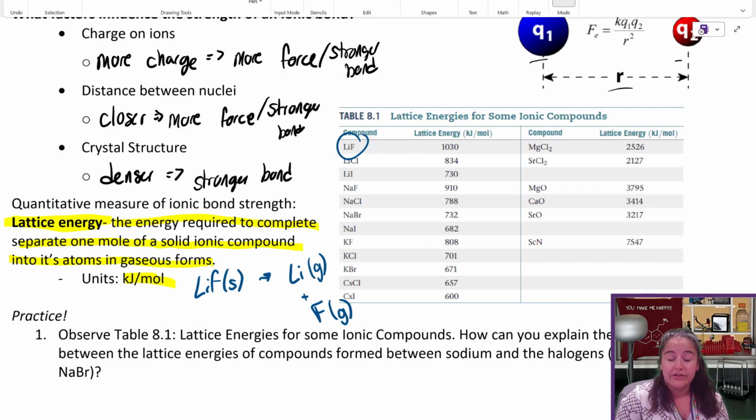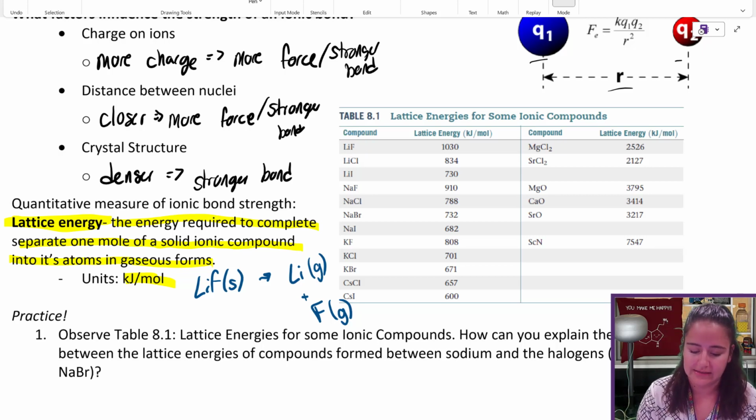Now, obviously, fluorine is normally F2, so we'd have to break apart that fluorine. Lithium is normally a solid, so we'd have to get it to turn into a gas.